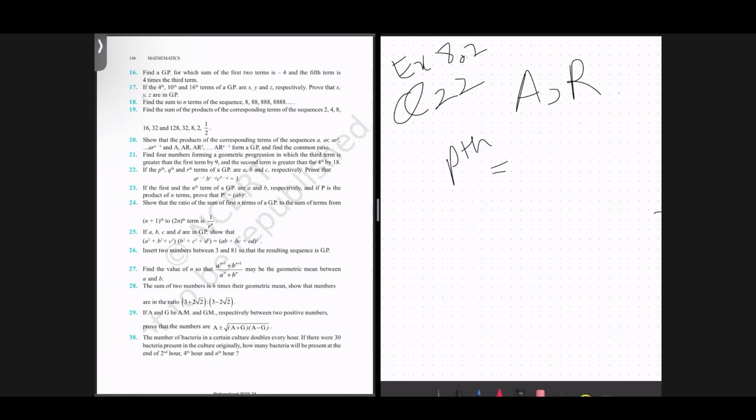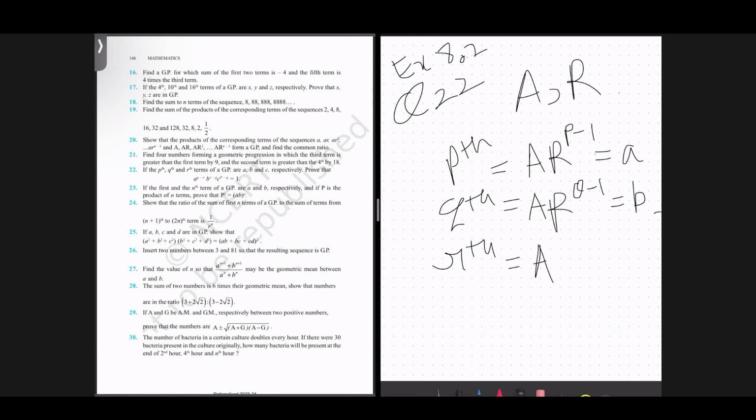So the pth term is AR raised to the power p minus 1, and that is going to be a. The qth term is going to be AR raised to the power q minus 1, and that is going to be b. And the rth term is going to be AR raised to the power r minus 1, and that is going to be c.